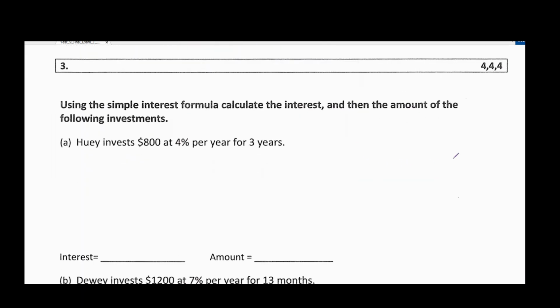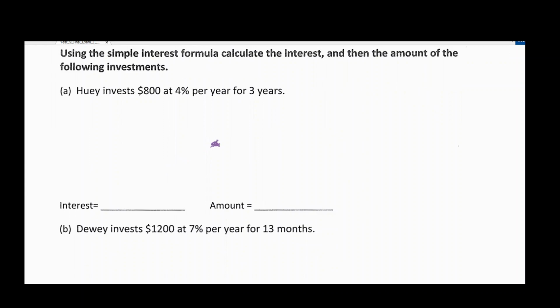Number 3. Using the simple interest formula, calculate the interest and then the amount of the following investments. Here we invest 800 at 4% per year for 3 years. So you can use your triangle. We discussed it in the previous video. So you've got interest, and you have principal, rate, and time.